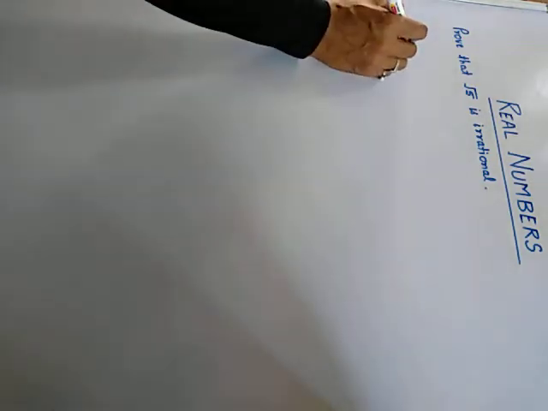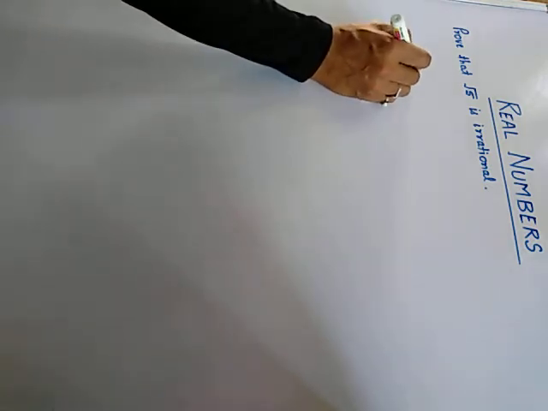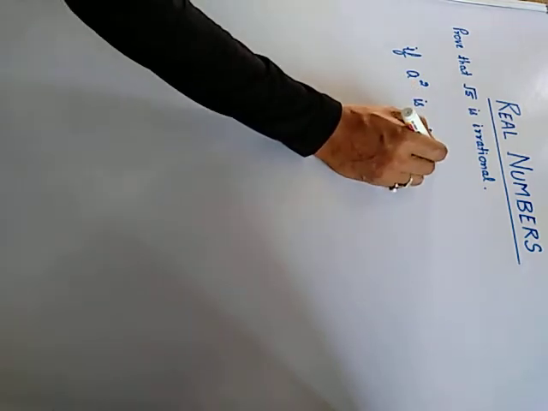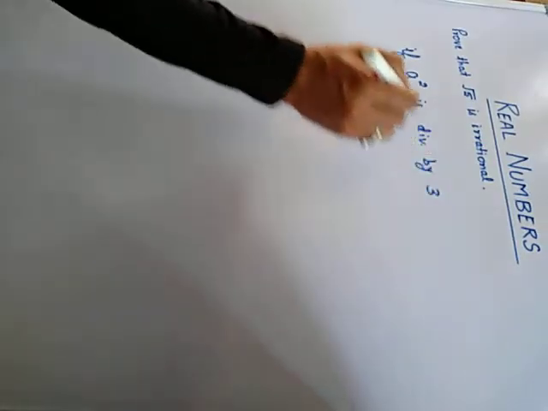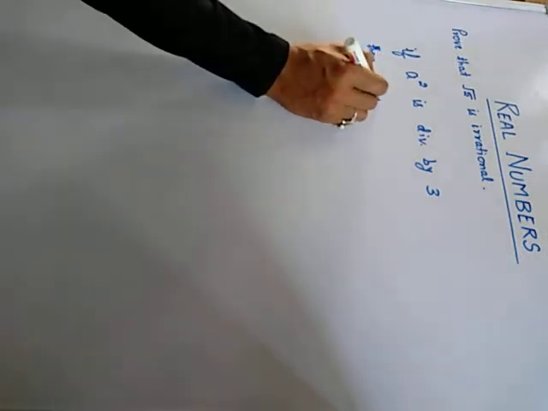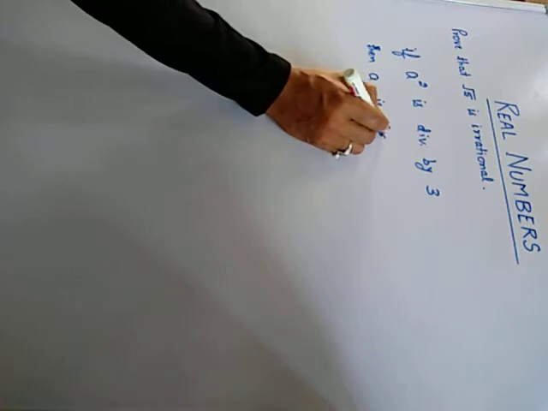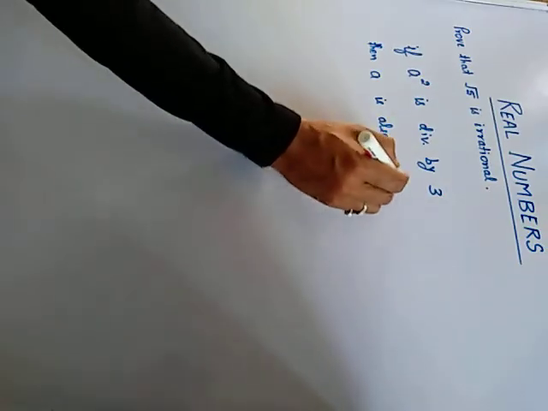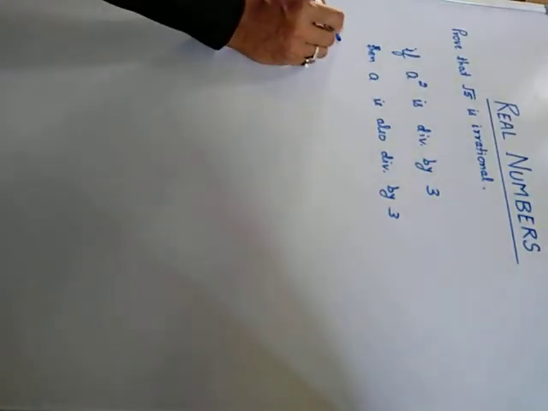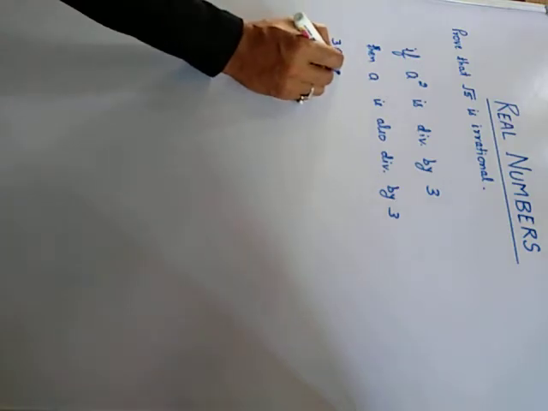Next theorem is that if a square is divisible by 3, then a is also divisible by 3. I am explaining you by an example. Suppose 36 is divisible by 3.